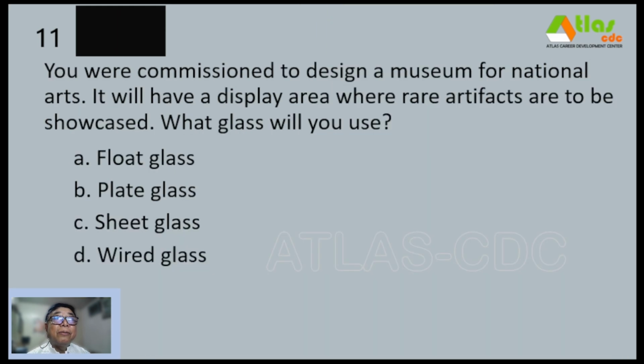Number 11. You were commissioned to design a museum for national arts. It will have a display area where rare artifacts are to be showcased. What glass will you use? A. Float glass, B. Plate glass, C. Sheet glass, and D. Wired glass.